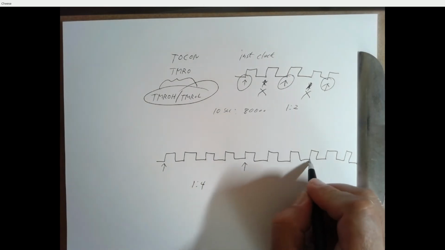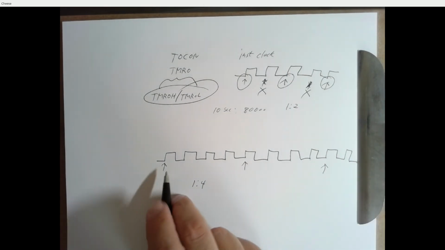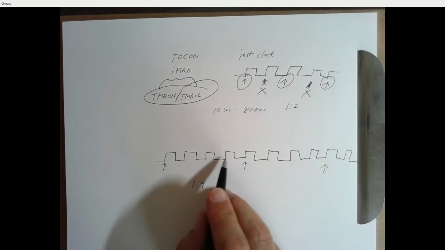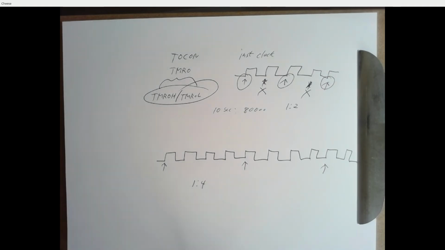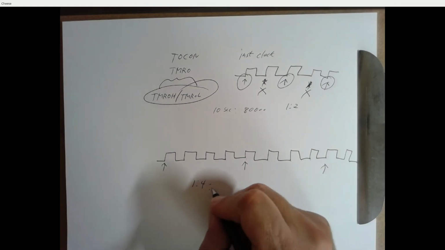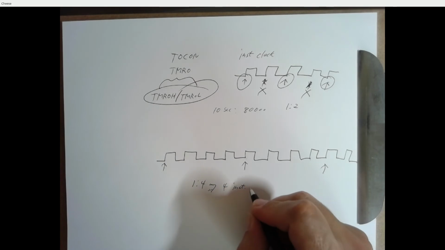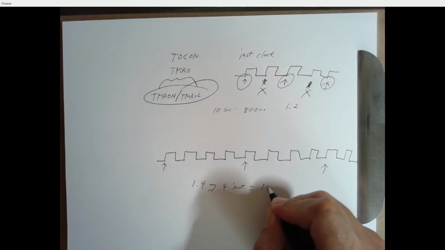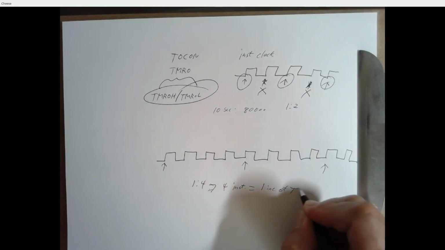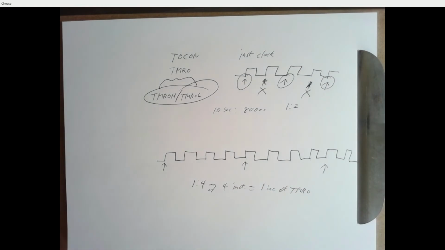We need 4 ticks of the instruction clock before we increment timer 0 once. So 1 to 4 means 4 instructions equal 1 increment of timer 0.